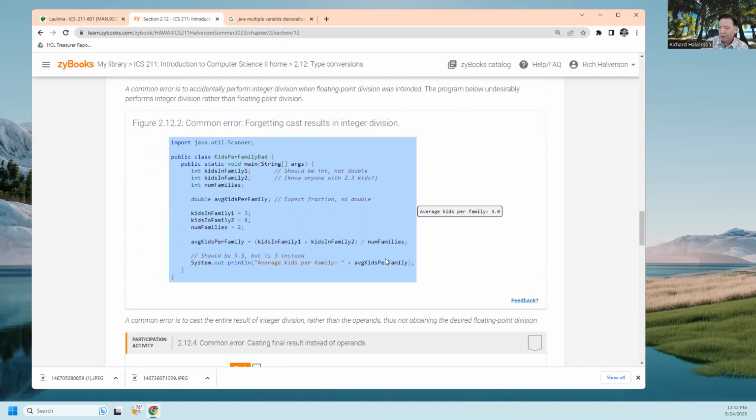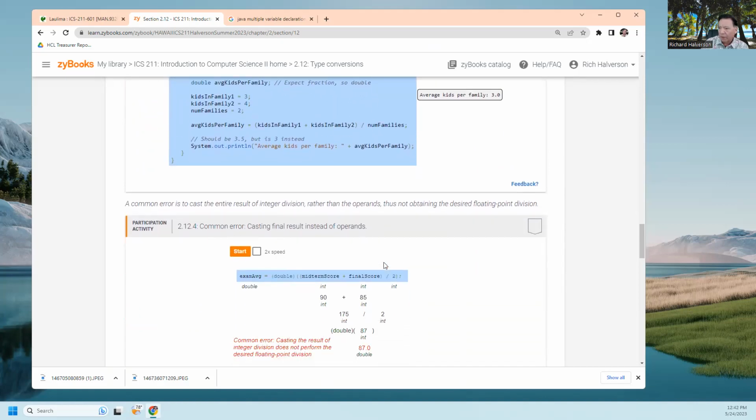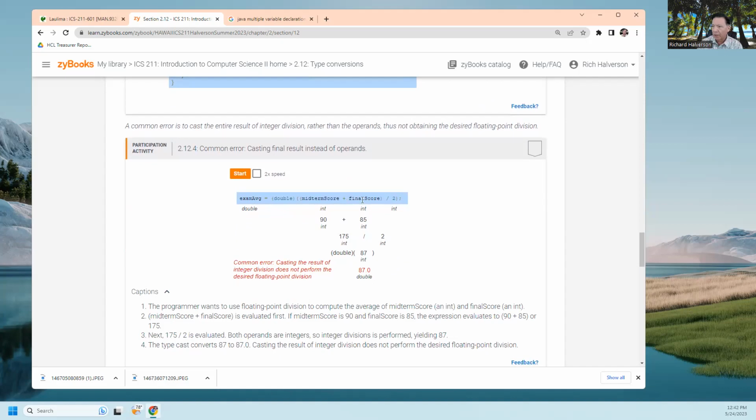And you want to make sure that you're typecasting the right thing. For example, here, really you want to typecast this or typecast this as being a double. But in this particular example, we are going ahead with the entire calculation first, because it's in parentheses, before we apply the typecasting.